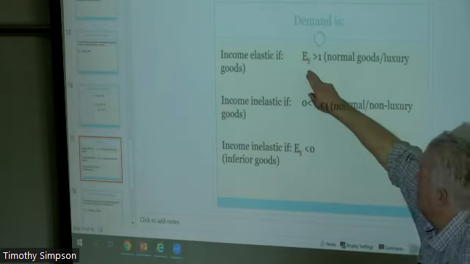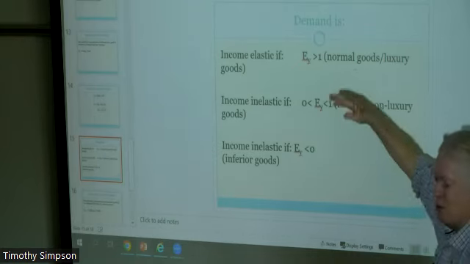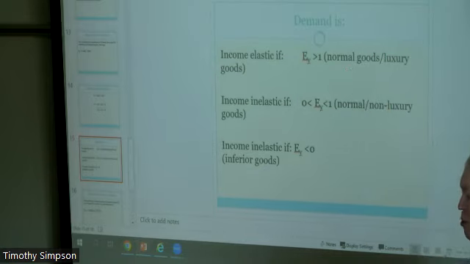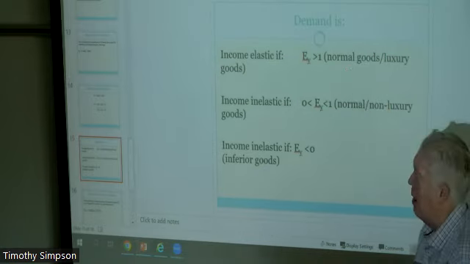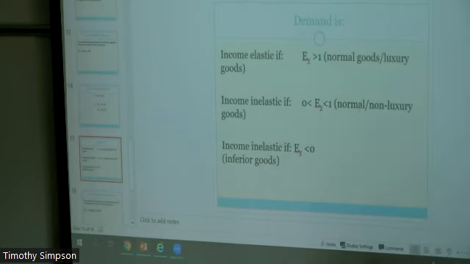So if in fact the ratio, remember elasticity is a ratio, is greater than 1, that is, the percentage change in quantity demanded is more than proportional to the change in income, we say that it's a normal good, and included in that are luxury goods. Not that all luxury goods are normal goods, but luxury goods are a subset of all normal goods. I realize that luxury goods are a small subset, but they are a subset of normal goods.